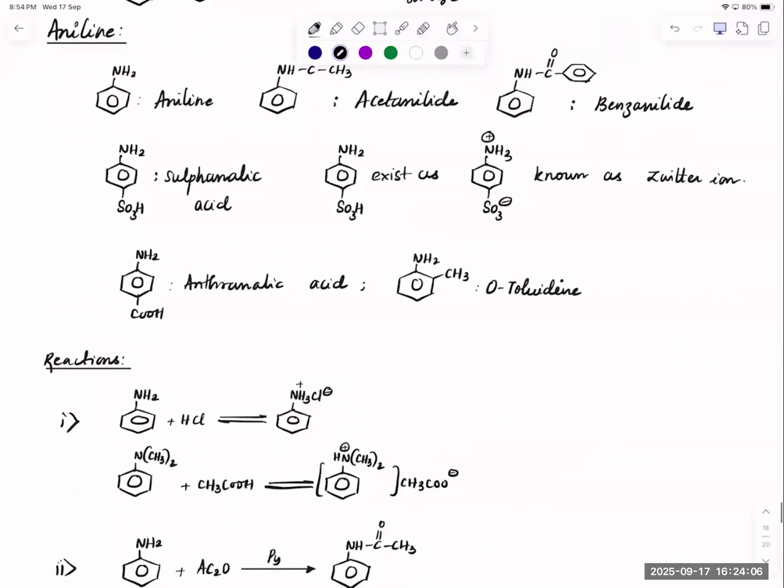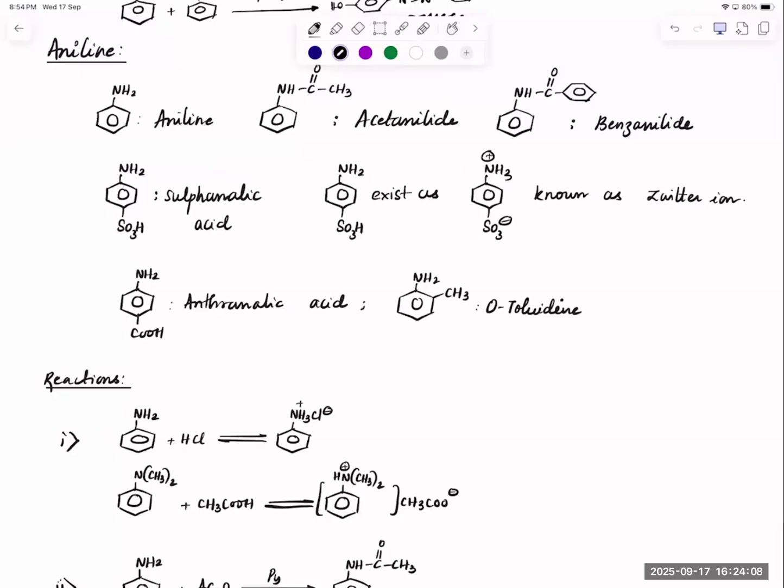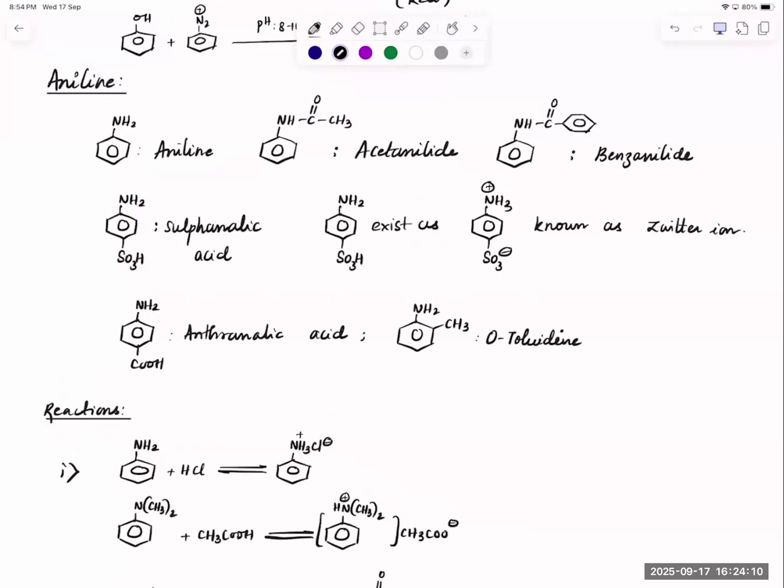Right? See, what are the general compounds of aniline derivatives? See, one is this aniline. Then, if at all you make an acetyl group on it, it is called acetanilide. If it is benzoyl, you call it as benzanilide. If NH2 and SO3H, both of them are present, then you call it as sulfanilic acid.